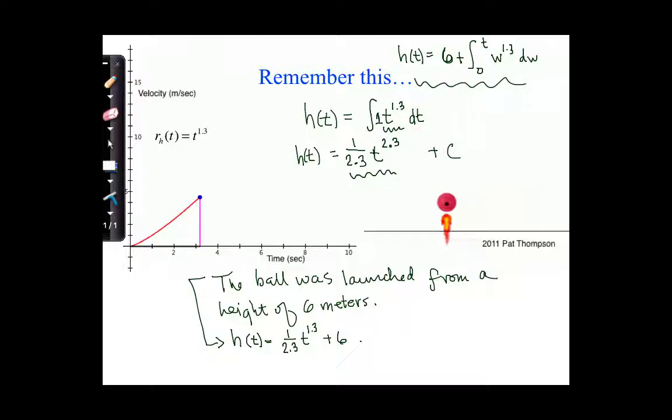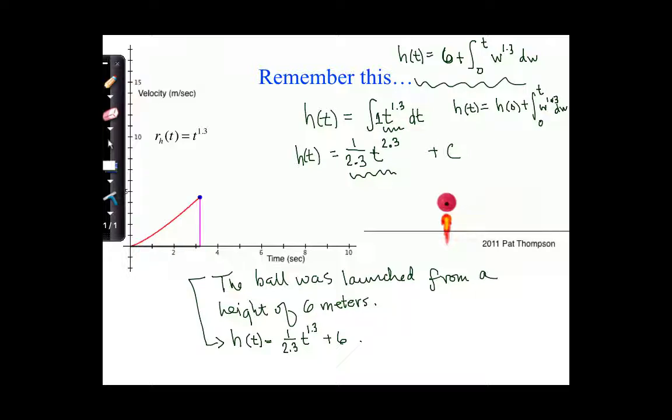It didn't come from the rate. We just started at height 6, and then something happened due to this rate of change. So in a more general sense, my height at time t was given by my height at time 0 plus what accumulated after time 0 onward. So w to 1.3 dw. That's 1.3, not 1/3.